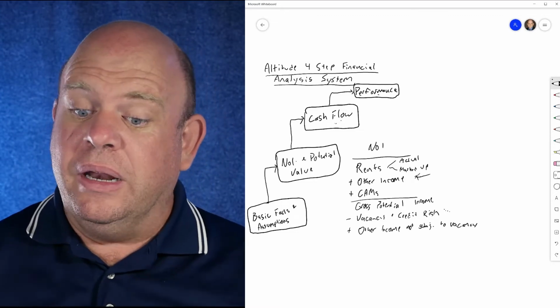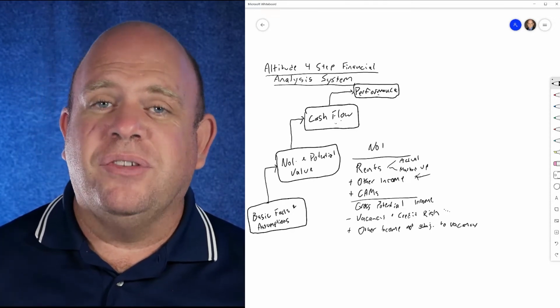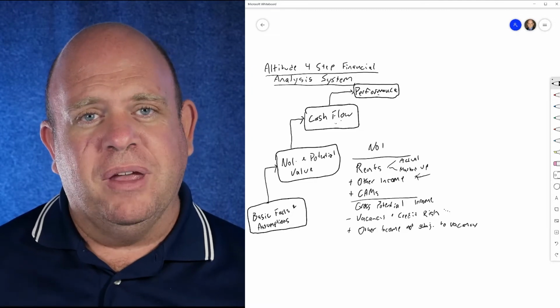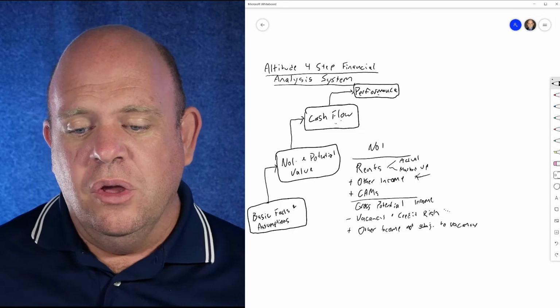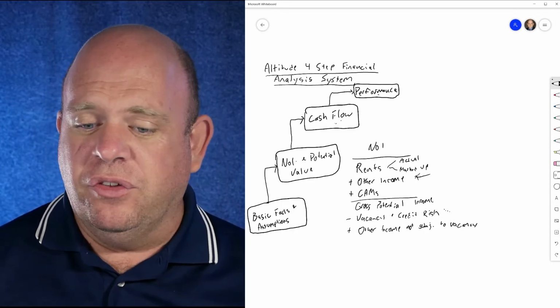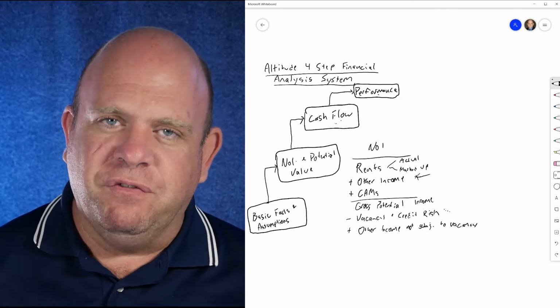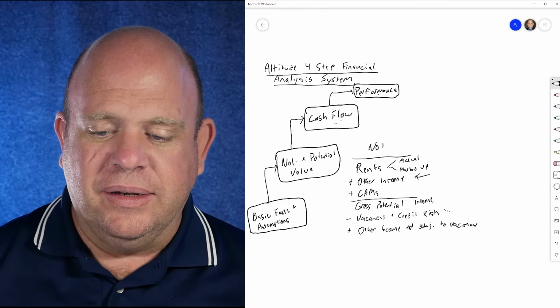So there's other income that we don't say is subject to vacancy. That's probably something like a cell tower or a billboard. Now, yes, they could up and leave, but it probably has a significantly different vacancy factor than your regular units that you're renting out.